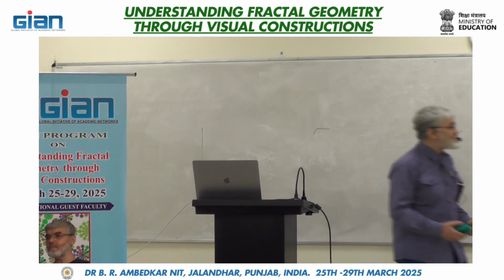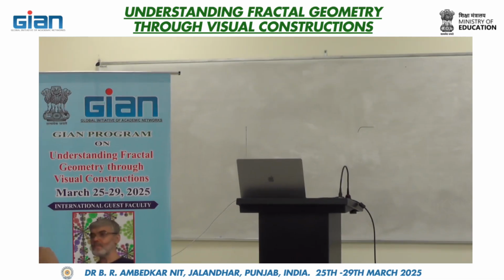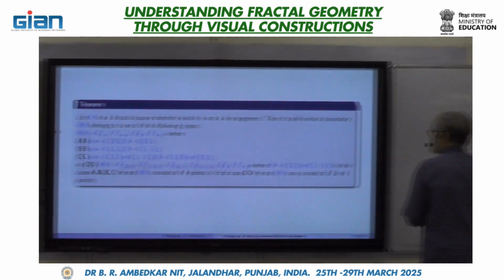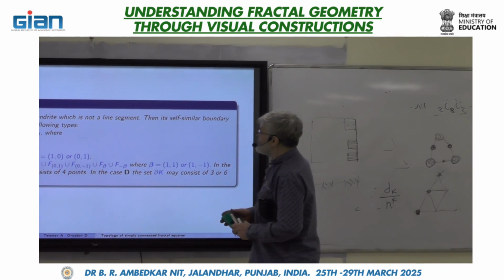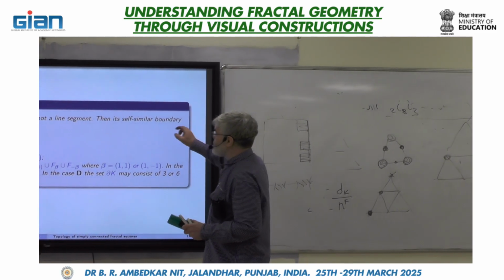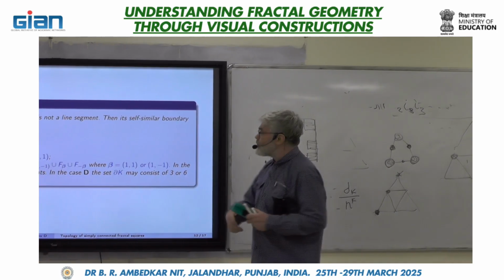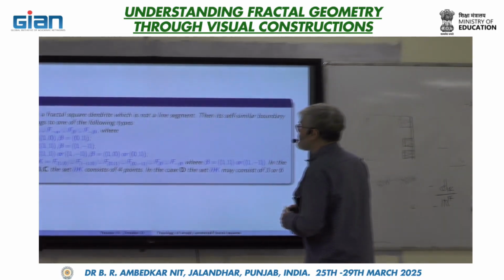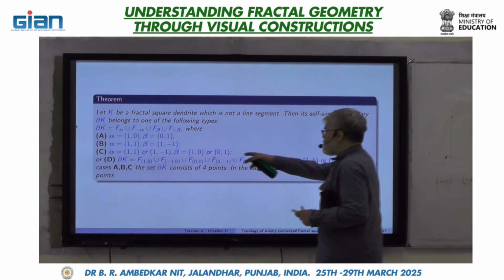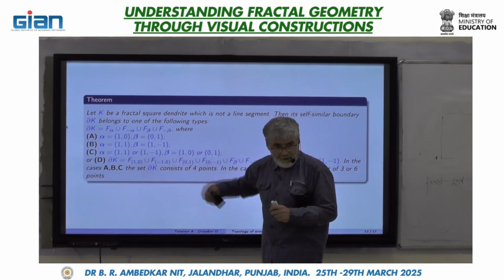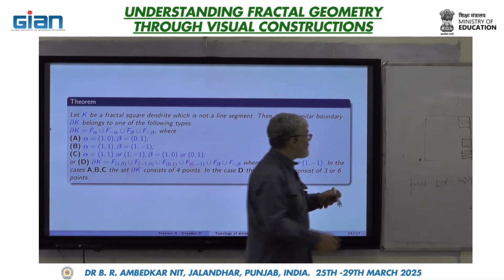So, summing up all the problems, we see that if we have a simply connected fractal square, which is not a line segment, then it can have 4 types of boundary.